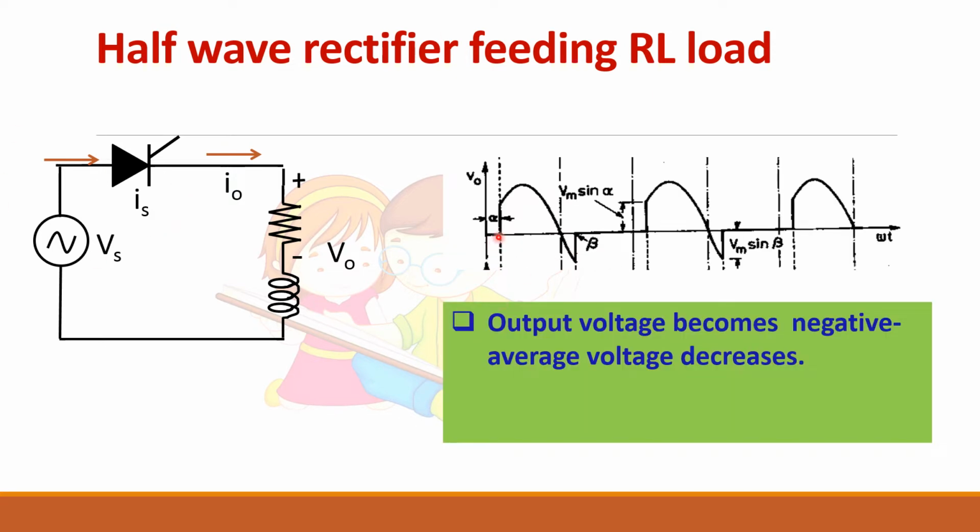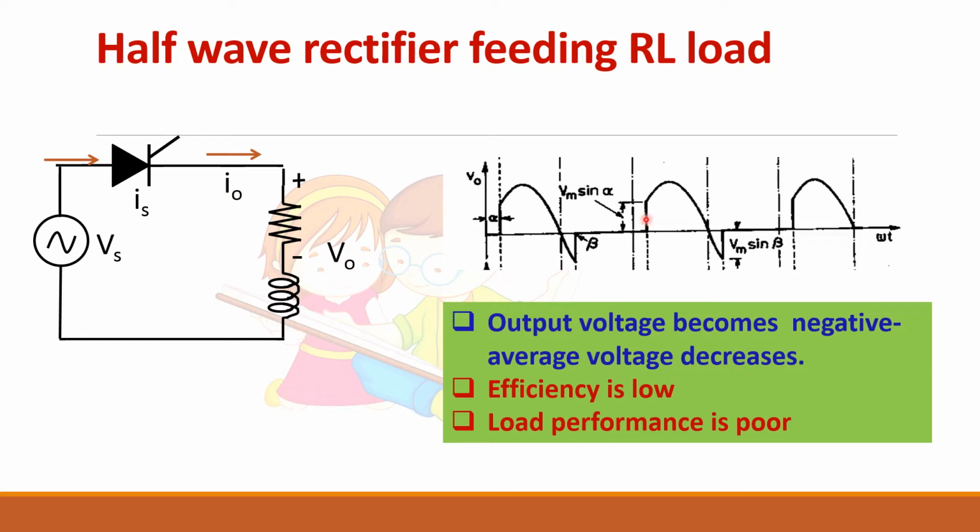So the net effect is that your output voltage will have a negative part, and if I find the average value for this voltage equation, it gets reduced because of the presence of this negative part. And moreover, due to this, the efficiency of the system will be lower and the load performance is poor.